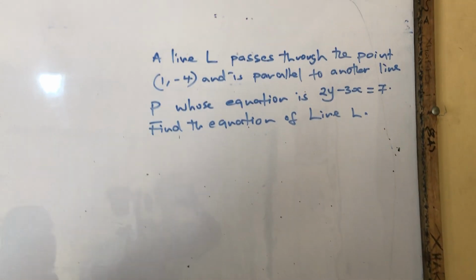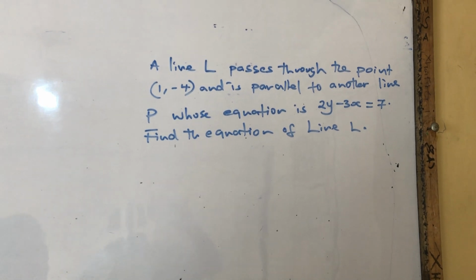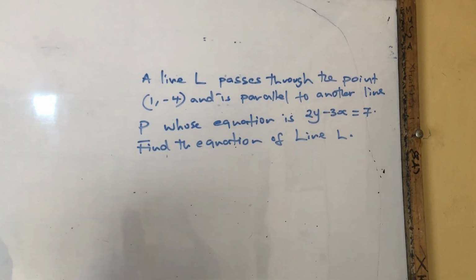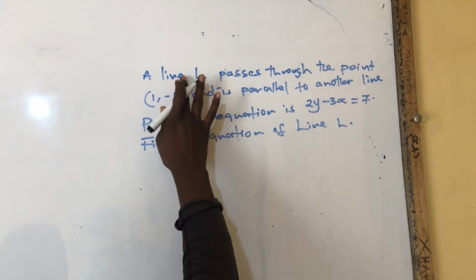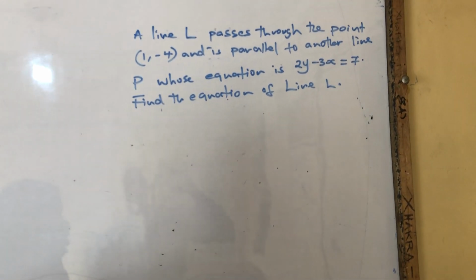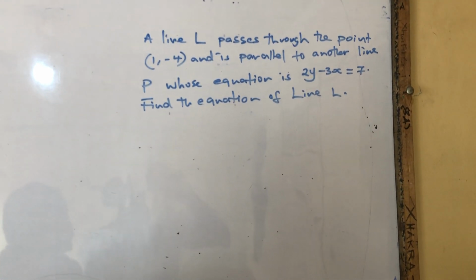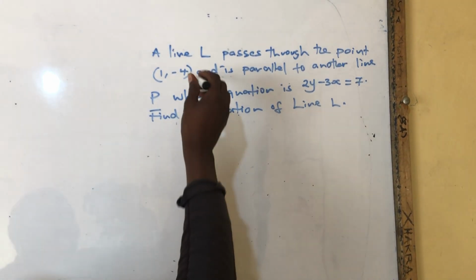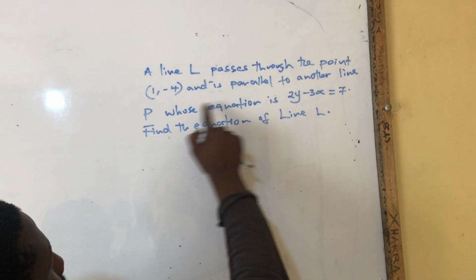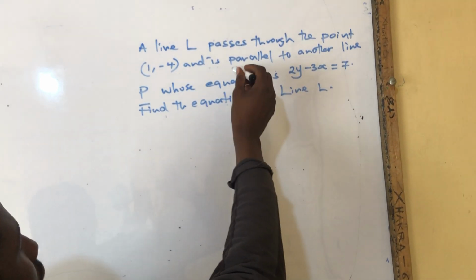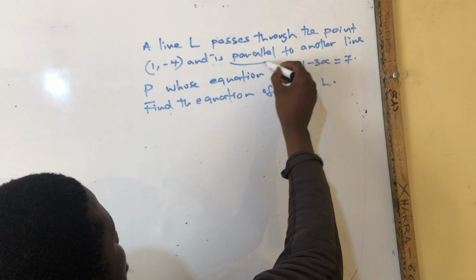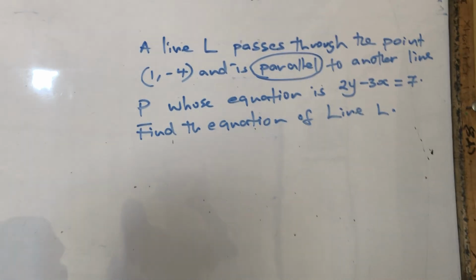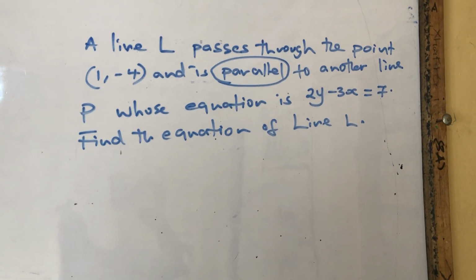The question is asking us to obtain the equation of line L. Do take note that in this question we have two lines. There is line L and this line P. How are the two lines relating to each other? The two lines are parallel to each other.